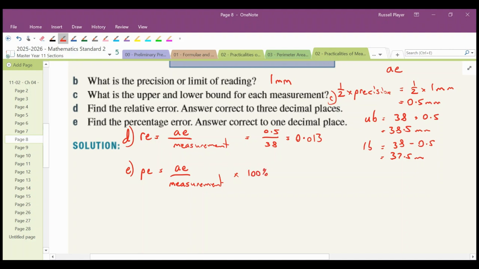So if we do that, we're going to get our 0.5 over 38. We're going to times it by 100%, and that will give us 1.3%. So that is our percentage error. And if you actually have a look at it, if you multiplied that by 100, your decimal place would move 2 points and you get 1.3. So it is what it is.